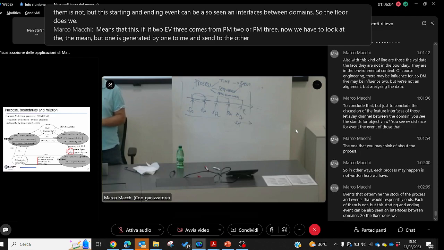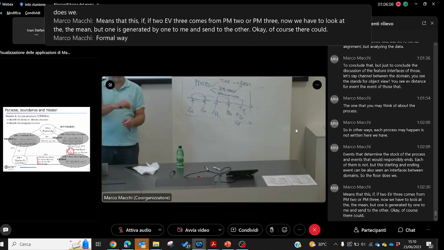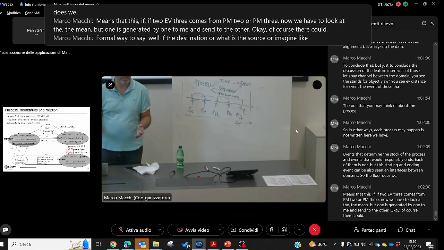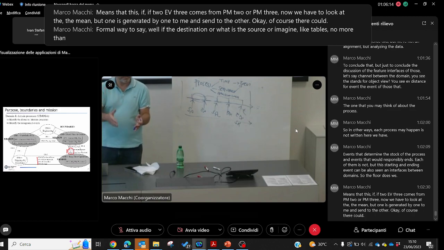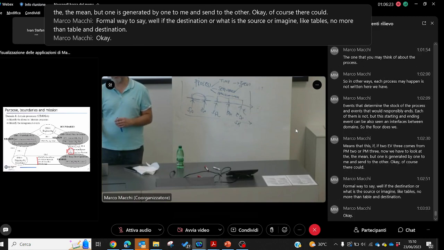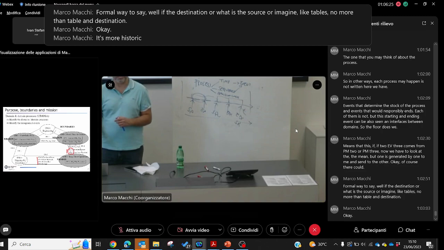Of course, there could be a more formal way to say what is the destination or what is the source, but imagine tables, no more than tables. A template, let's say, source event, destination of the domains. Okay? It's more a historical reference than applicative today.